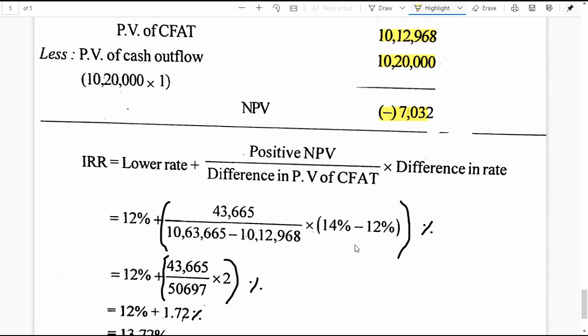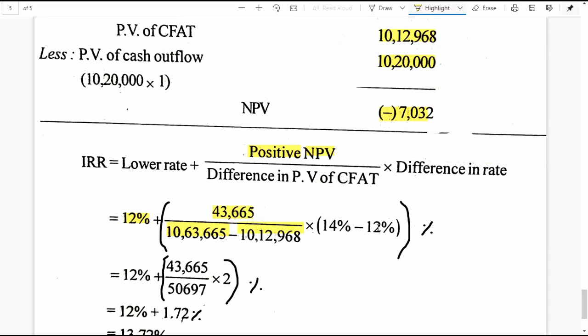Now let's look at the calculation of IRR. The lower rate among the two, 12% and 14%, is 12%. Positive NPV at this rate, the lesser rate which is written here, so it is 43,665 divided by difference between the total present values of the two rates. At 12%, 10,63,665. At 14%, 10,12,968. That we have written here as the denominator.